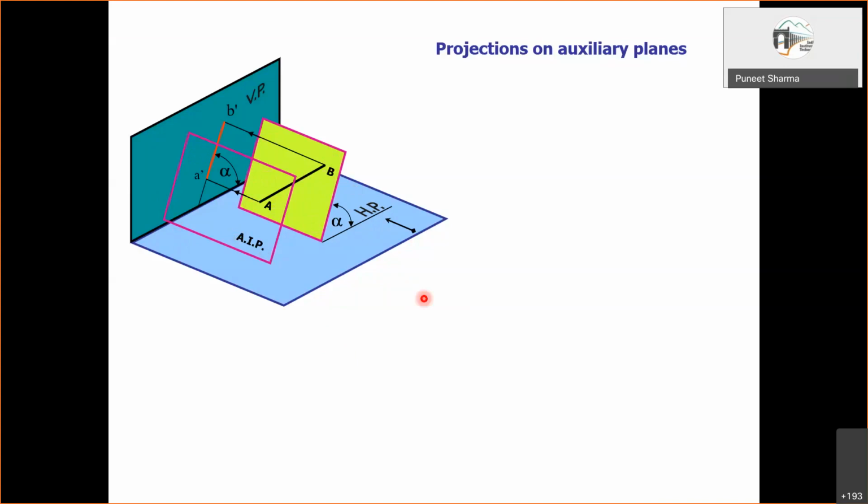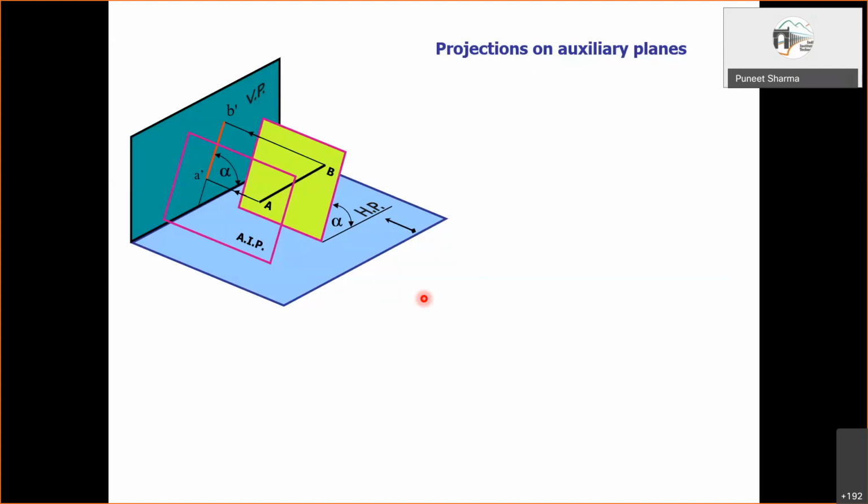Now with this we have one associated benefit. We have discussed earlier also, if you choose projections of a line, and the line is parallel to any one plane, then its projection on that plane gives us the true length, and the inclination with the other plane.